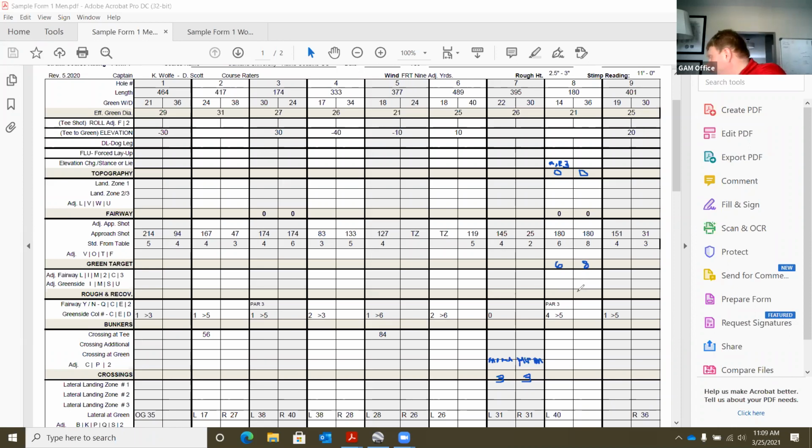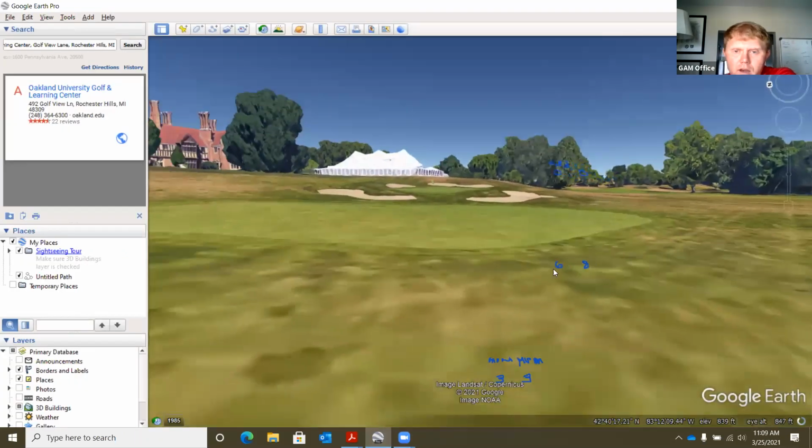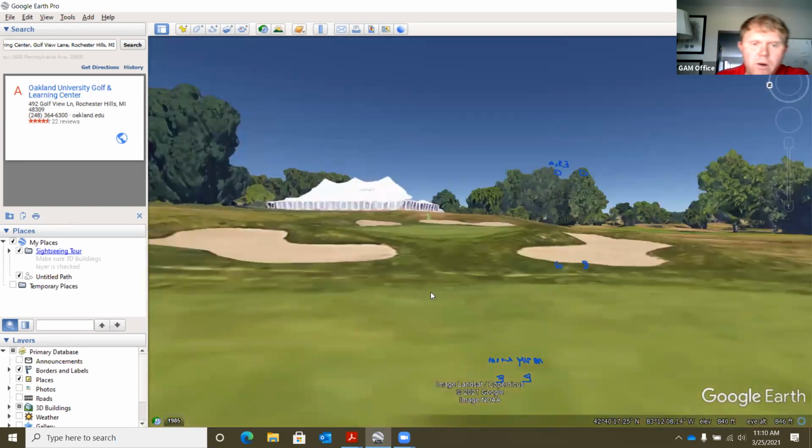So when we go to our R&R chart, the main thing that we're going to be looking at when we do R&R is going to be our mounding, which is going to cover mounding or rise and drop. So in this hole here, when we look at the hole itself, when we get closer to the green here, we can see, and it'll also confirm on our form 1, that the majority of the green is surrounded by bunkers.